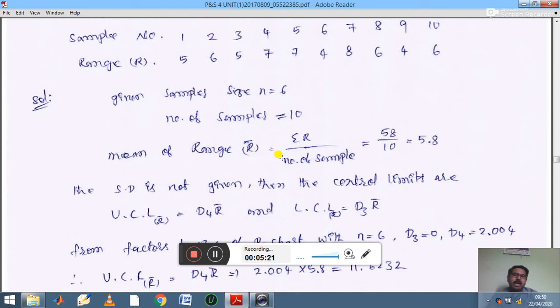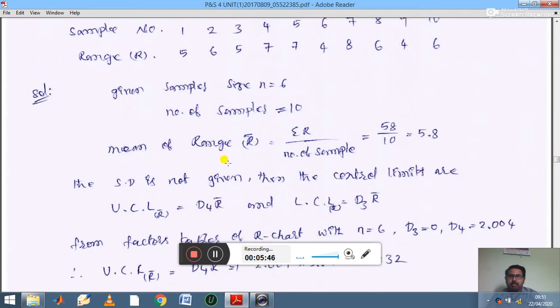R bar is calculated by the formula summation R by number of samples. If you add the given ranges, the sum is 58 and the number of samples is 10. Therefore 58 by 10 gives 5.8. So 5.8 is the mean of the range, the R bar value.